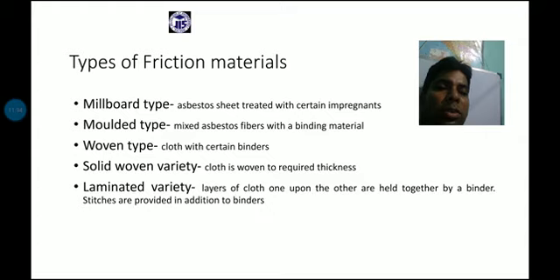That dimension is also required, because the question is to calculate the size of the clutch plate. So you have to calculate the dimensions of the clutch plate. That is the case of single plate clutch with uniform wear theory.